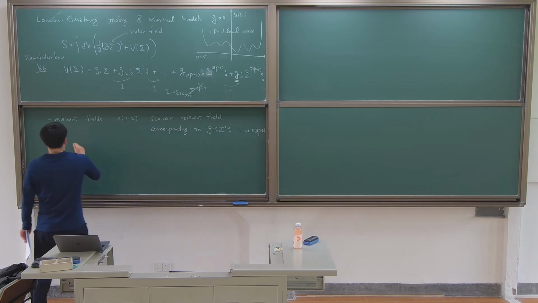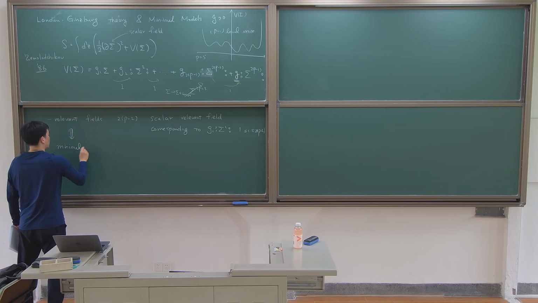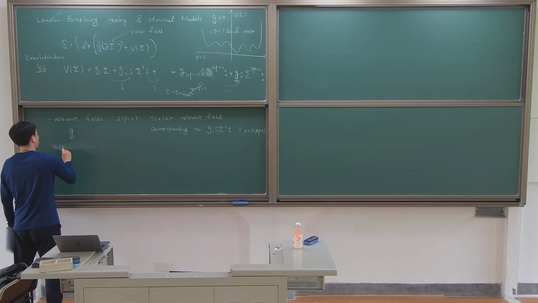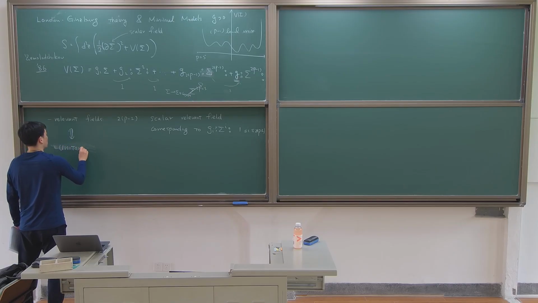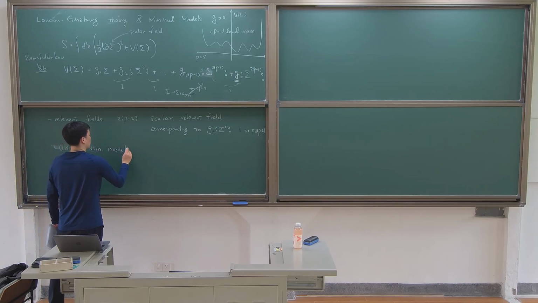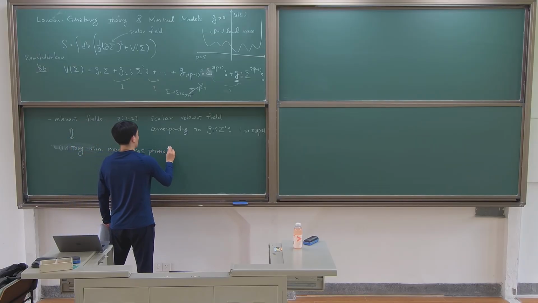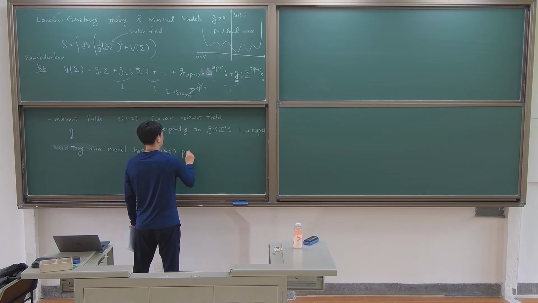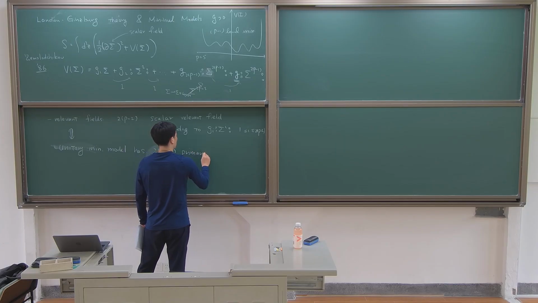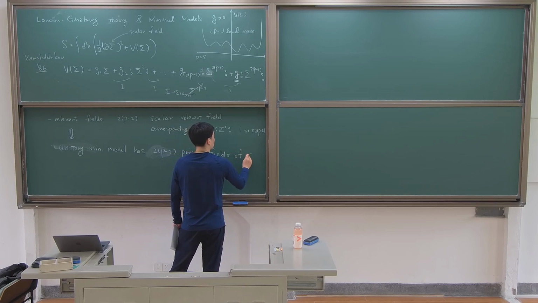On the other hand, the unitary minimal model has 2 times p minus 2 primary fields of conformal dimension h less than 1.